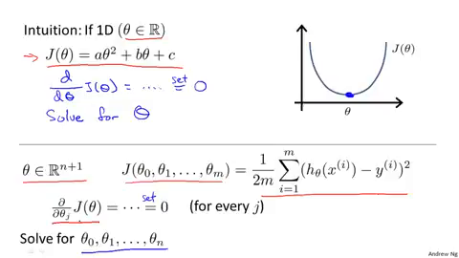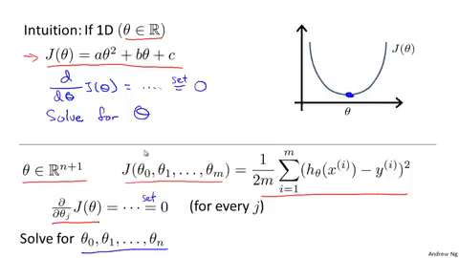But what I want to do is just tell you what you need to know in order to implement this process so that you can solve for the values of the thetas that correspond to where the partial derivative is equal to 0, or equivalently, the values of thetas that minimize the cost function J of theta. I realize some of the comments I made may have made more sense only to those of you that are a little more familiar with calculus. But if you're less familiar with calculus, don't worry about it. I'm just going to tell you what you need to know in order to implement this algorithm and get it to work.